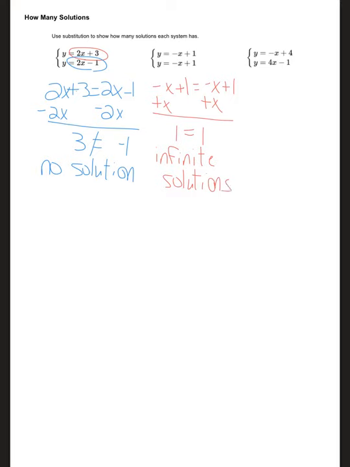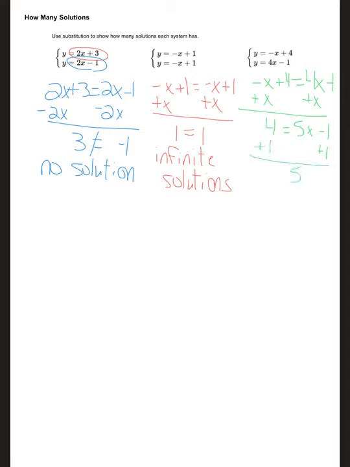They intersect everywhere. Okay? The last one, I see two different equations, so I expect that I do get a solution here. Let's see what it looks like. I'm going to set negative x plus 4 equal to 4x minus 1. So my minus x is smaller, so I'm going to add x to both sides. And I get 4 equals 5x minus 1. I'm going to add 1 to both sides.